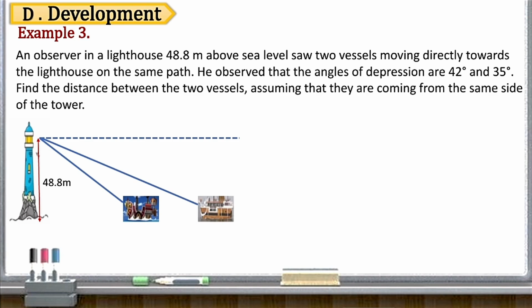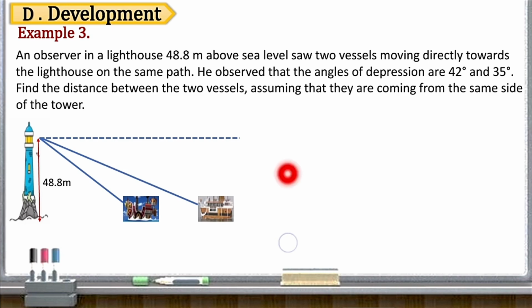Kung matatandaan nyo class, sa shorter leg ng 30 by 60 triangle, nandun class yung 60 degree angle. At sa longer leg naman ay ang 30 degree angle. Ibig sabihin lang class, kapag mas malapit sa observer yung object, mas malaki yung angle. At kapag mas malayo naman, mas maliit naman class ang magiging angle.